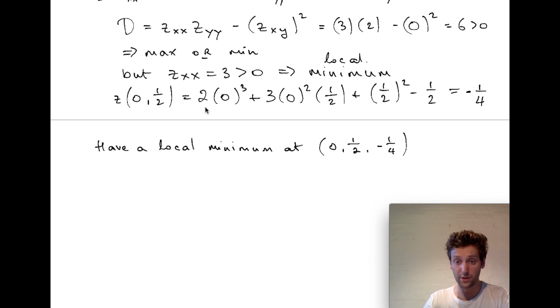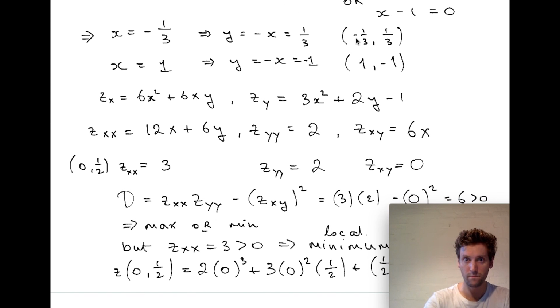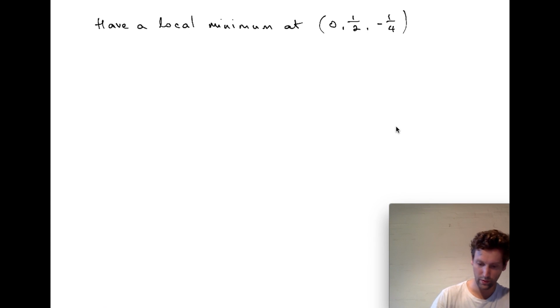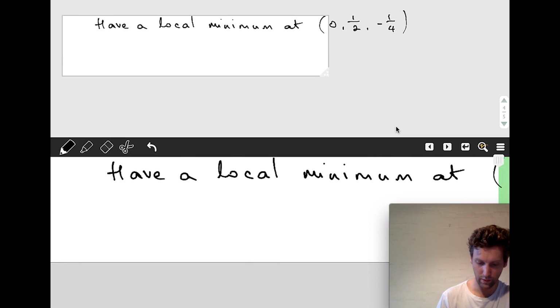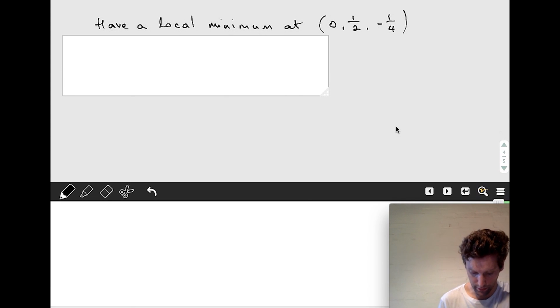Let's move on to the second of our stationary points. That was minus a third, a third. So we're again going to substitute this into our second derivatives for z. So we have the point minus 1/3, 1/3.